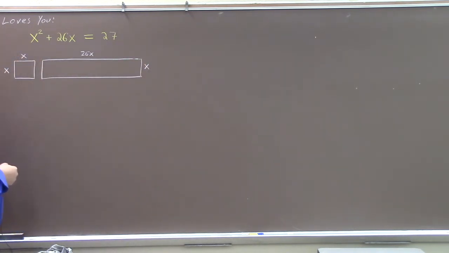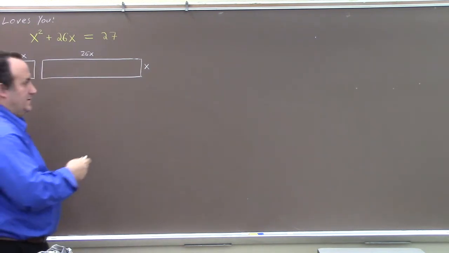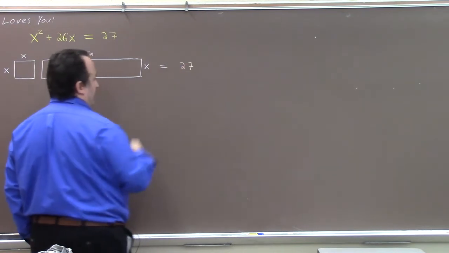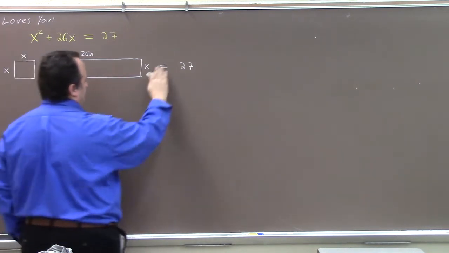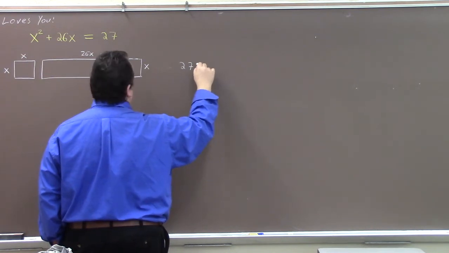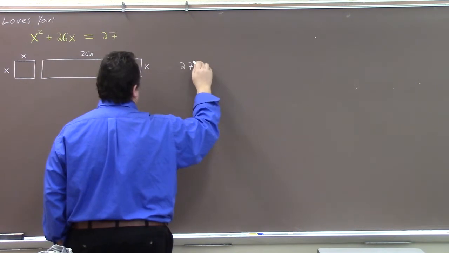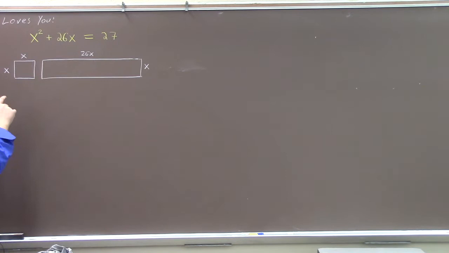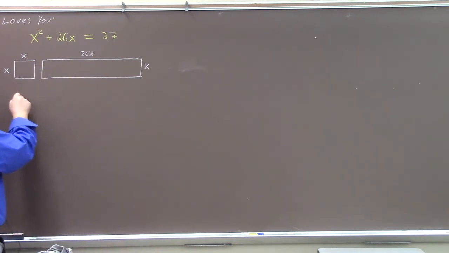So you could look at this as this area plus that area equals 27 units of area. Well, not 27, but 27 x squared, I guess. Anyway, you could view this as an area. And what they did was they said, okay, you could take this and cut it in half.